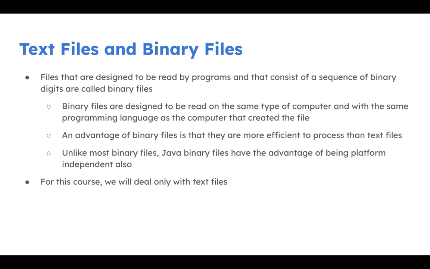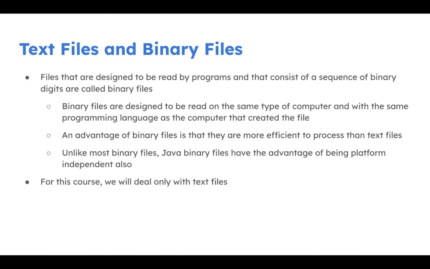There are also applications that handle binary files, where a specific type of application or program reads or writes data that is specific to that application. These are used because reading and writing binary files is far more efficient than working with text files. However, because they are not application independent, they have a limitation.